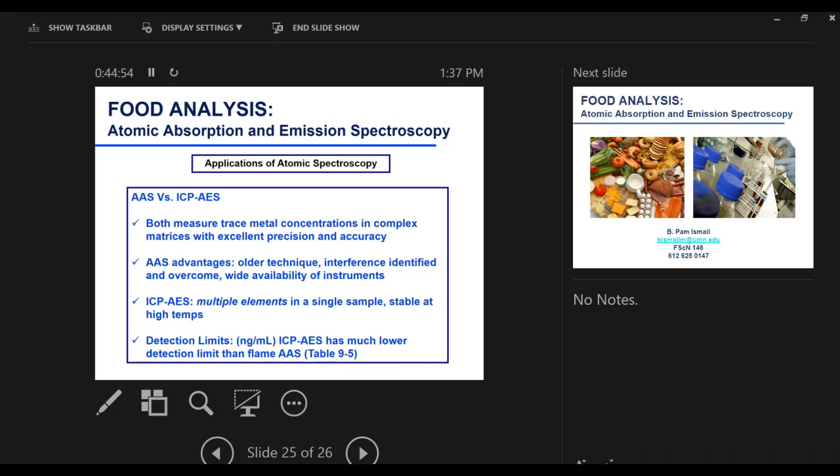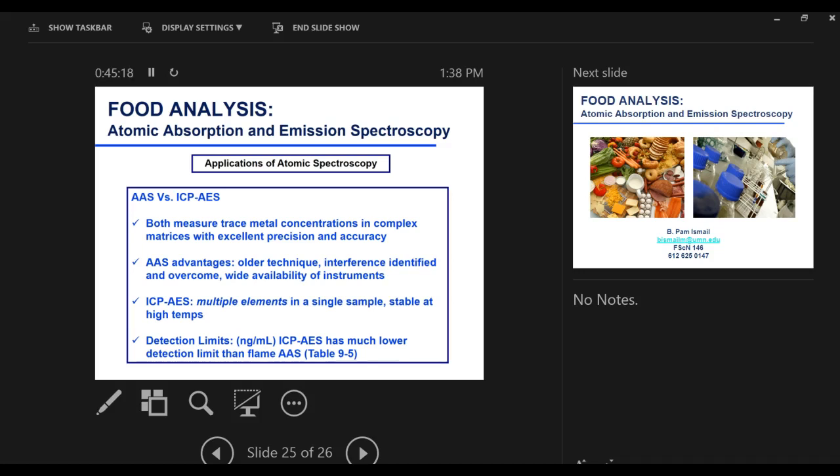But with ICP, you don't need a lamp, so multiple elements can be detected in a single run, especially if you have the Echelle detector where many elements can be run at the same time. That makes it high throughput and more efficient.